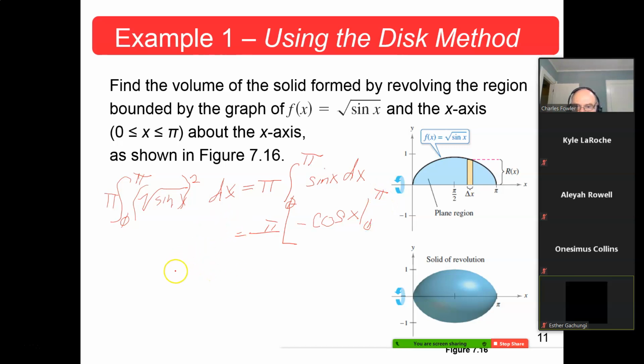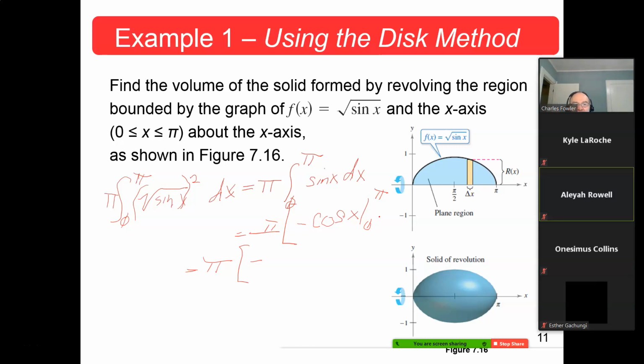Now, this is equal to the pi on the outside there. Now, what is cosine of pi? Does anyone remember? Cosine of pi. By the way, I'm going to put down my minus sign that's in front there. What's cosine of pi? No, okay. You're taking the derivative, okay? What is the cosine of pi in trig?